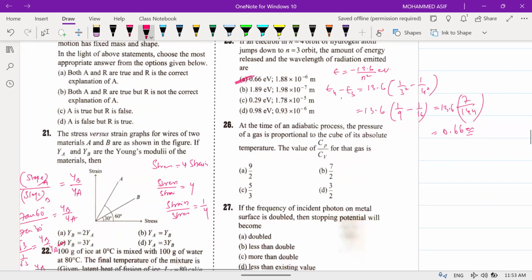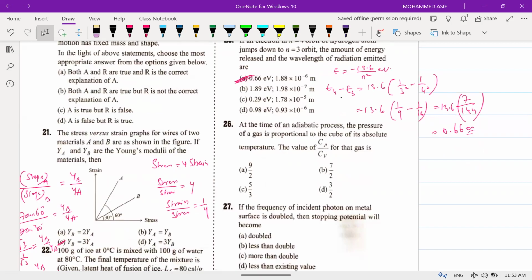Sure. 26, I hope you can do better. At the time of the adiabatic process, the pressure of a gas is proportional to the cube of its absolute temperature. The value of Cp by Cv will be equal to how much? So many times we did this one. Relation between temperature and pressure: T power gamma, P power 1 minus gamma is equal to constant.